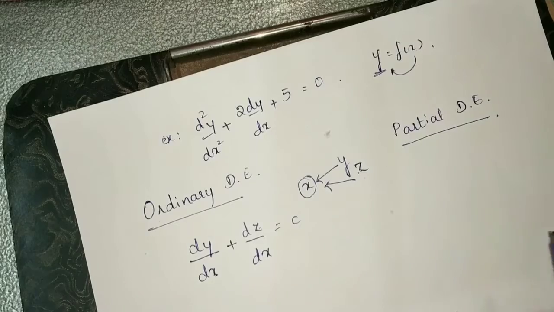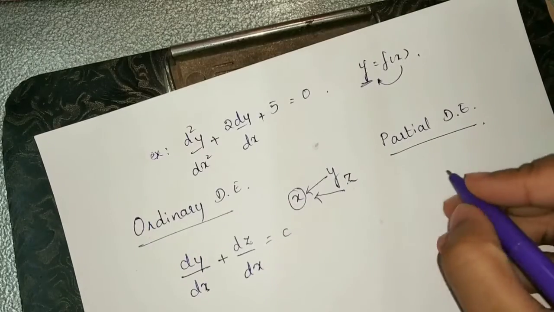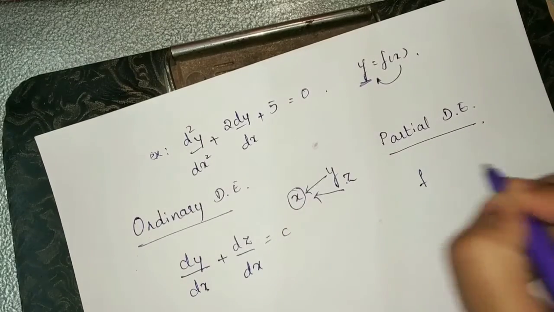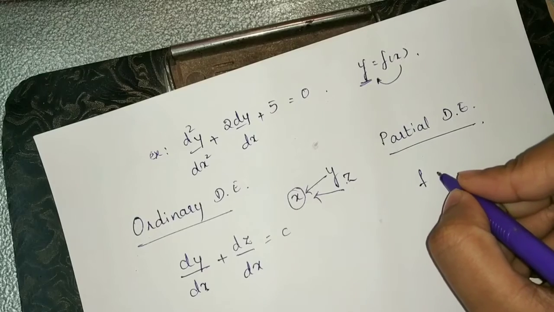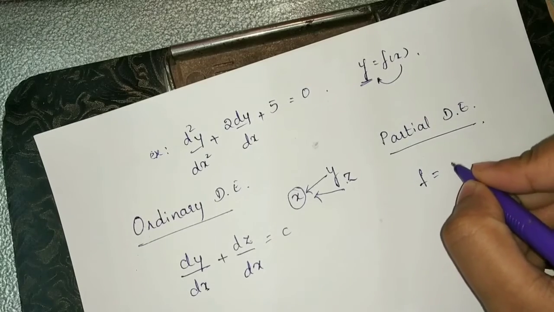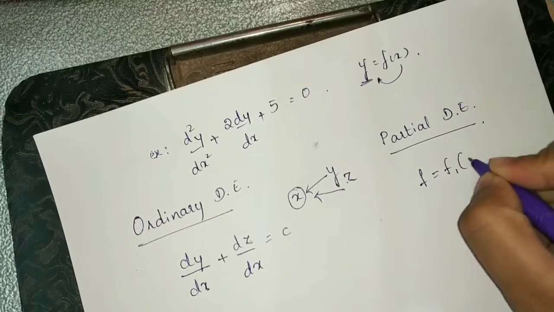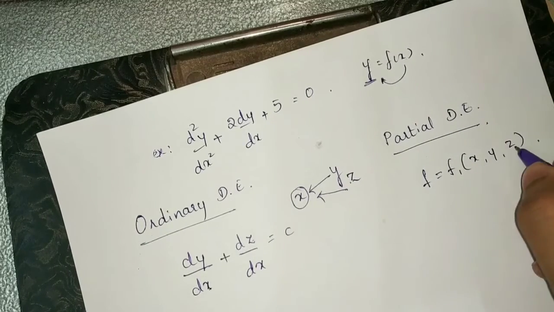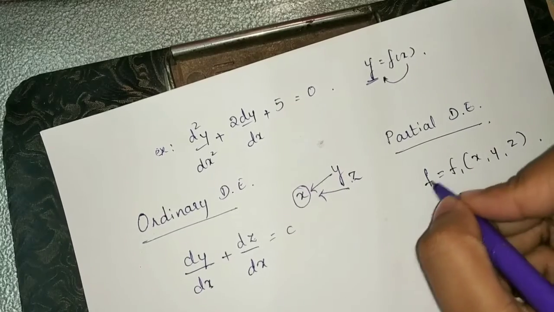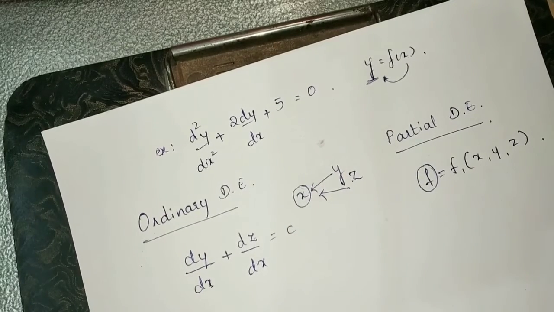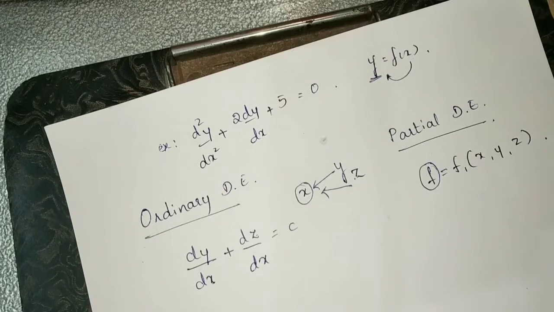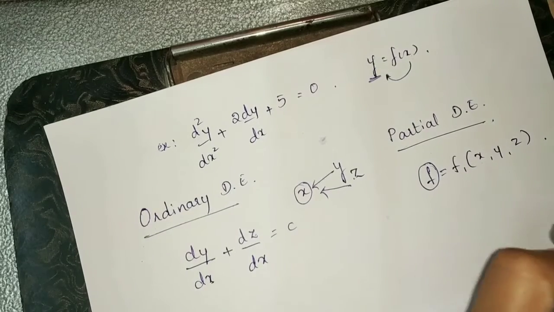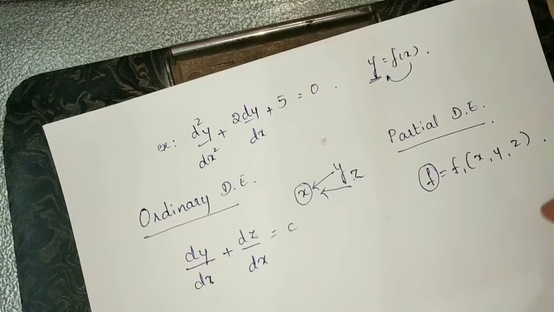For example, let us take some function f, which is a function of x, y and z. Here x, y, z are the independent variables. So in those variables, the function will vary. That type of equation involving its derivatives is called a partial differential equation.